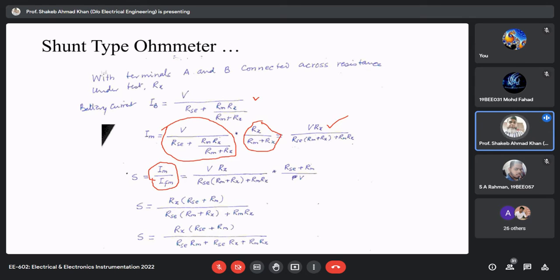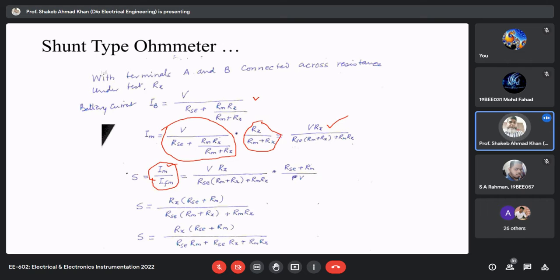Normalized meter current means you are dividing the meter current by the full scale meter current. This is a ratio of two currents, the ratio of meter current to the full scale meter current.